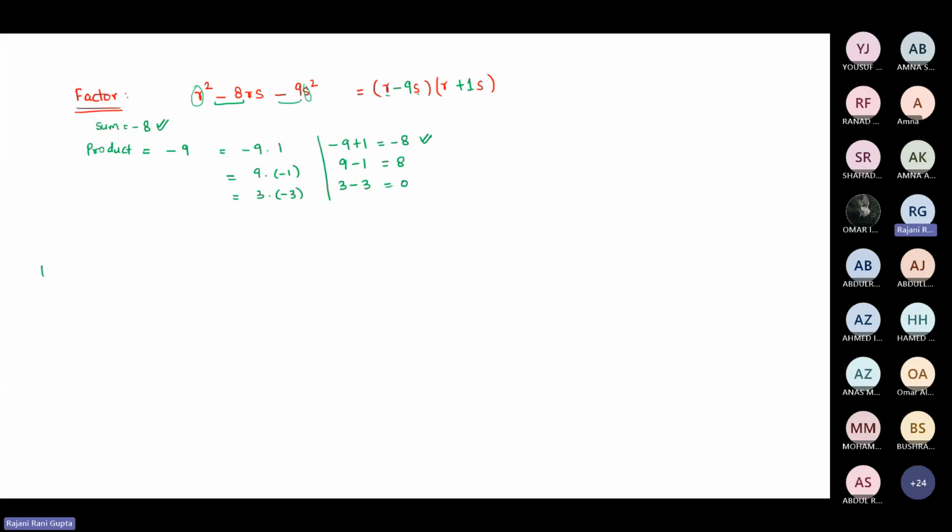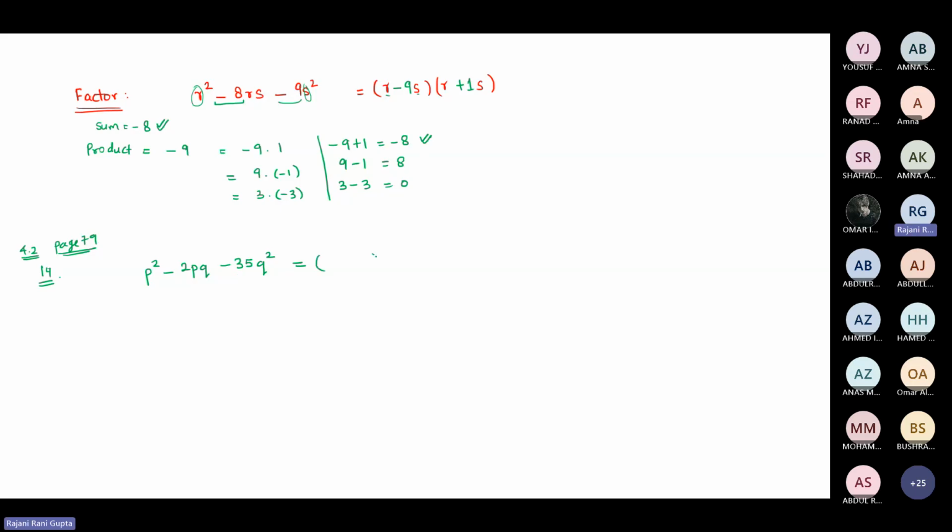Let me take another question. Question number 14 from your exercise 4.2 on page 79. So this question is p square minus 2pq minus 35q square. So again, you see here two variables p and q.